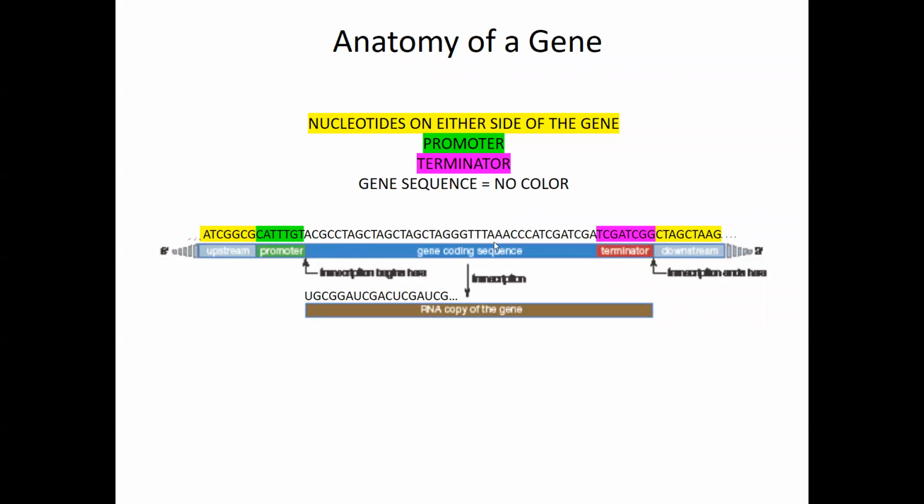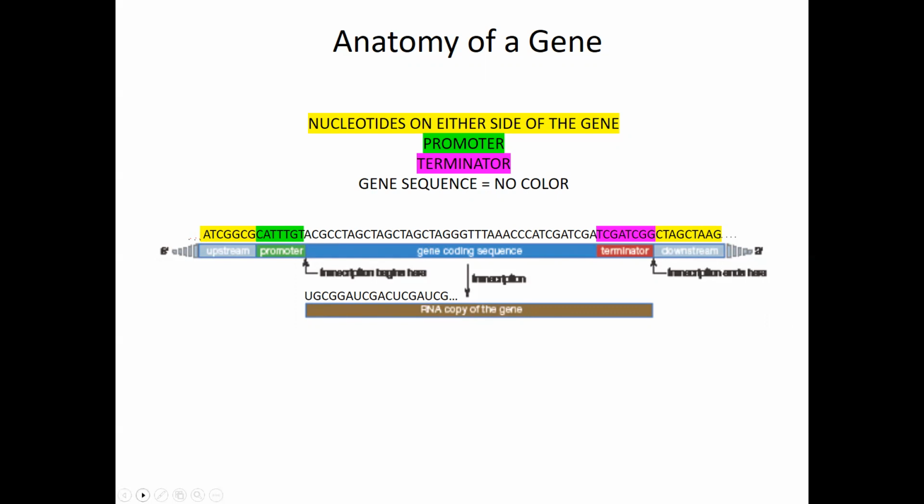But to make this protein, we have to transcribe those nitrogen bases into the complements and make an RNA copy of the gene. And then that messenger RNA copy of the gene is going to leave the nucleus at some point and find a ribosome out in the cytoplasm to build the protein.